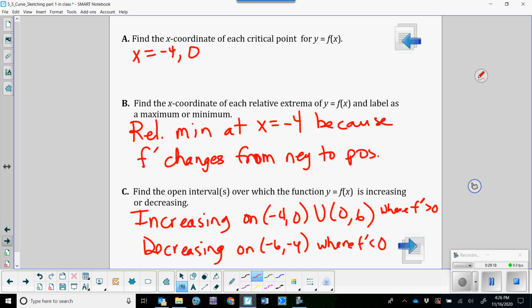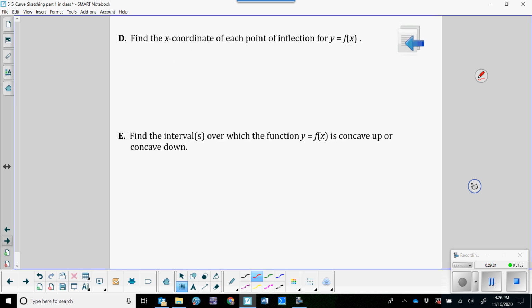Okay, so let's answer those. The x coordinates of each point of inflection are at 4 and -2, because f prime changes from increasing to decreasing.